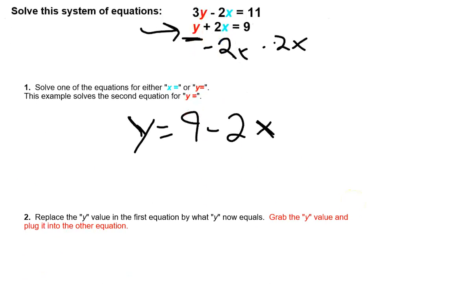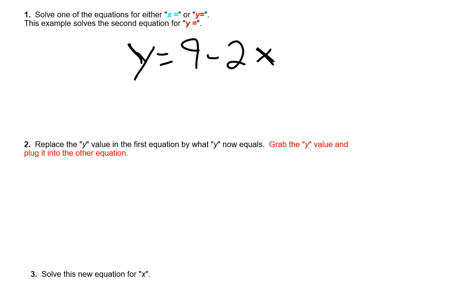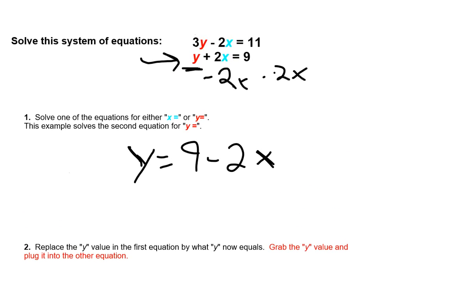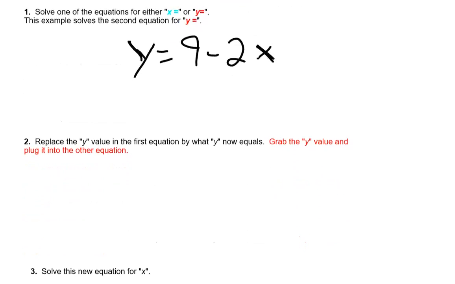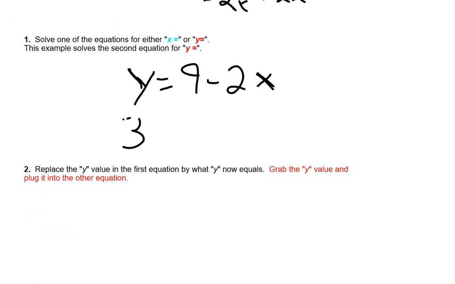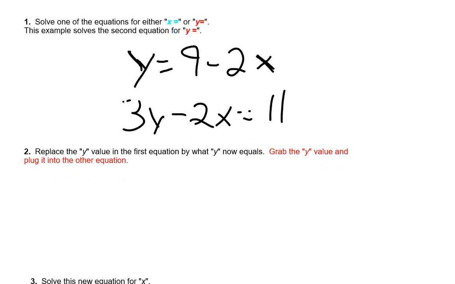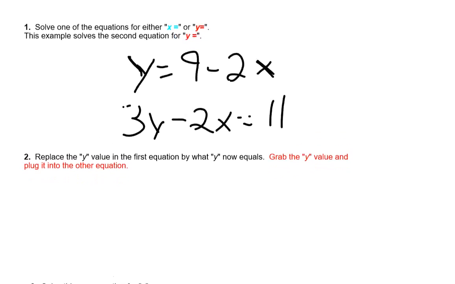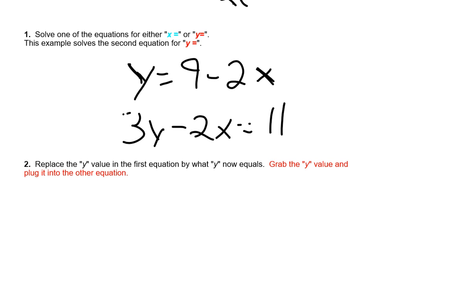The second step now that we have it isolated, and let's bring our original equation down as well. So we had 3y minus 2x equals 11. The next step now is to take what we just solved for y and plug it in for y in the new equation. So this is y, 9 minus 2x. We're going to plug it in for y in this equation.